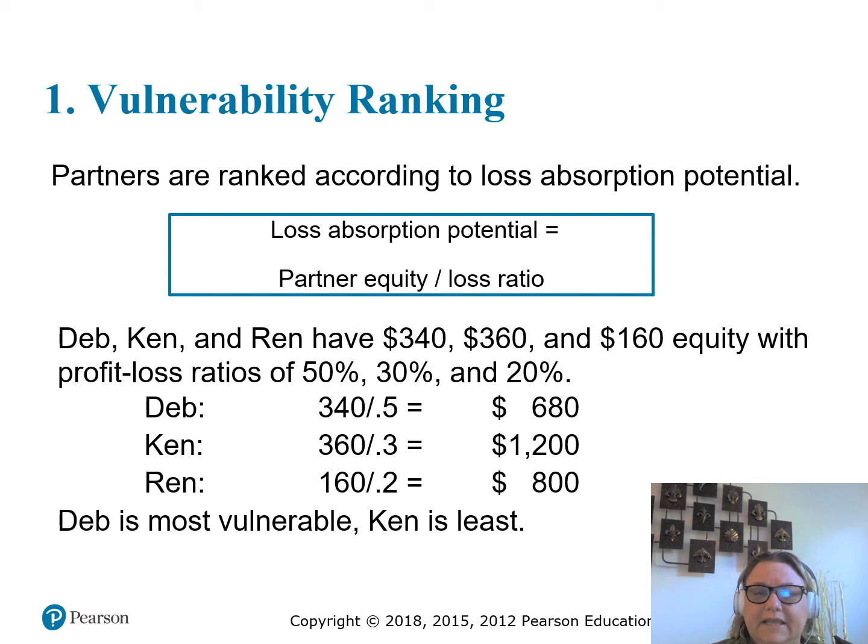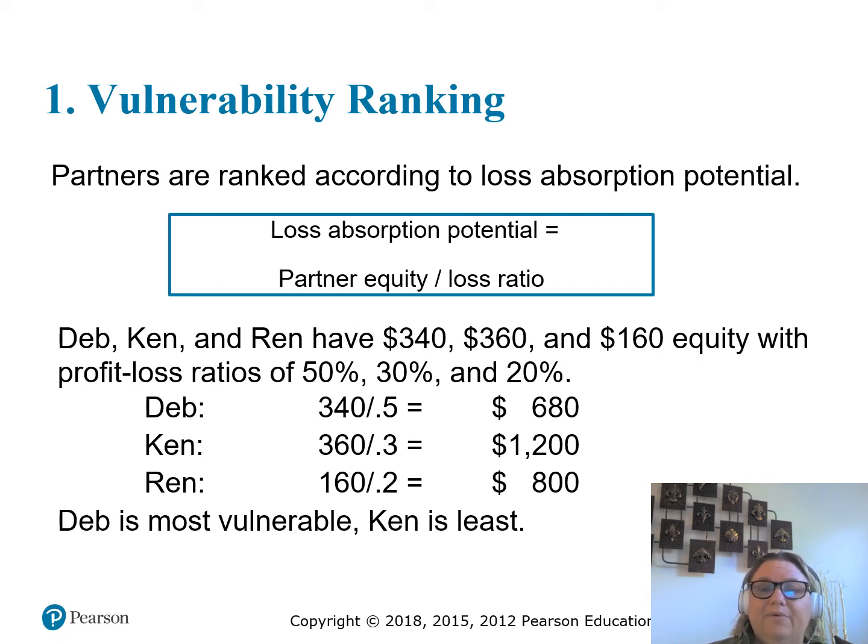Because as you can see in this particular example, we have Deb, Ken, and Ren with 340, 360, and 160 equity. Now at the onset, Deb and Ren look like they are the most able to handle loss because of their equity.